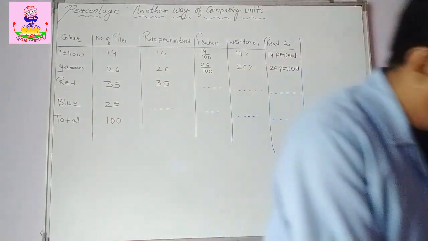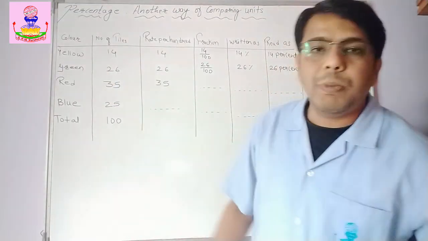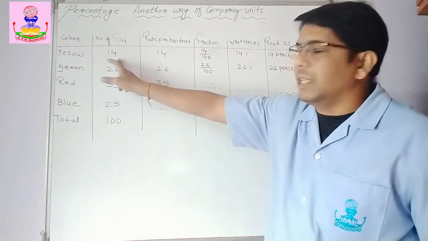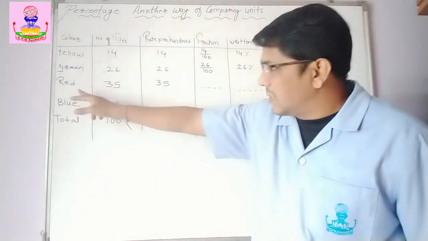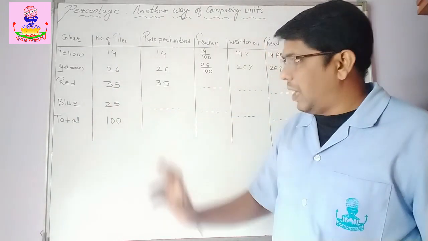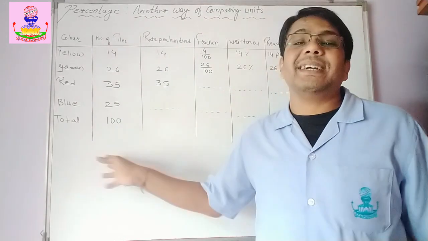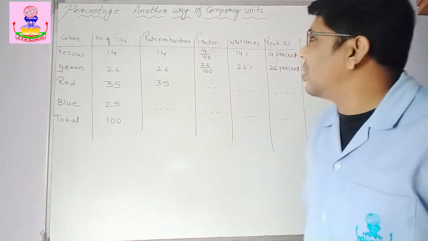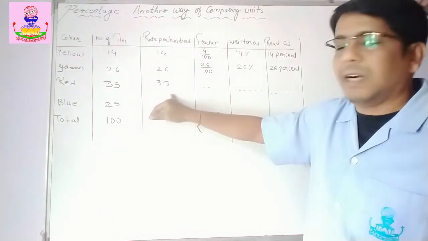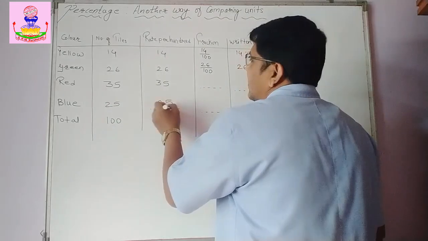There are 4 colors: yellow, green, red, blue. The number of tiles: yellow 14, green 26, red 35, blue 25. The total number of tiles is 100. Remember that total, that is most important. And rate per 100: 14, 26, 35, and here it has to be 25.